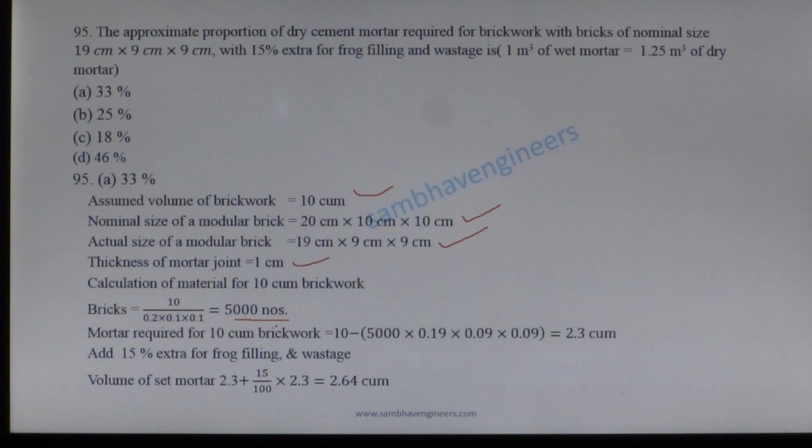Mortar required for 10 cubic meter brickwork is equal to volume of brickwork minus volume of bricks, which is 2.3 cubic meter. Add 15% for frog filling and wastage. So volume of wet mortar is 2.3 plus 15% of 2.3, which is 2.64 cubic meter.